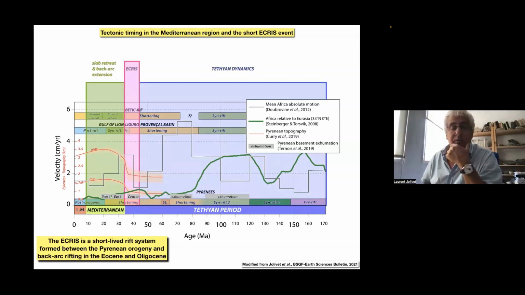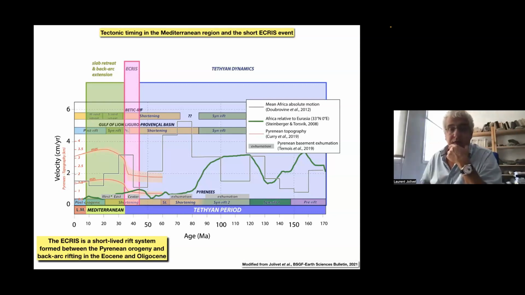And then a typical Mediterranean period that is characterized by slab retreat and back arc extension. And then after, say, 8 million years, what I call the late Mediterranean period, where, especially in the western part of the system, one returns to some north-south compression, especially across the Strait of Gibraltar and the Alboran Sea.